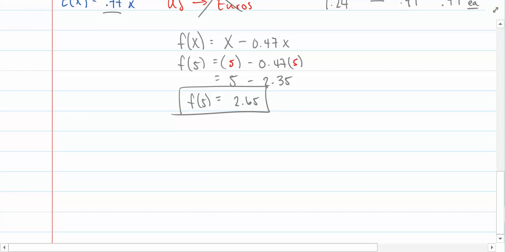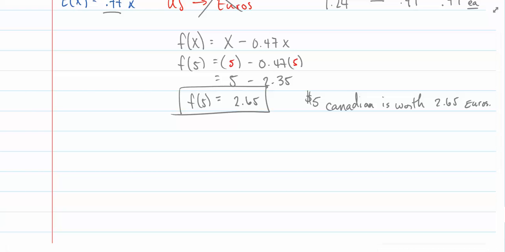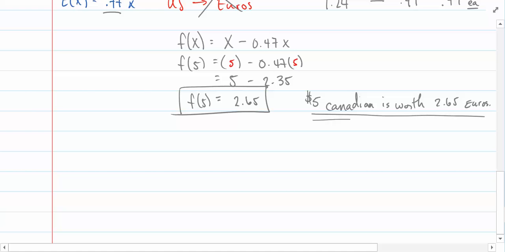According to the formula that we just created here, this means that $5 Canadian on this day is worth 2.65 euros.